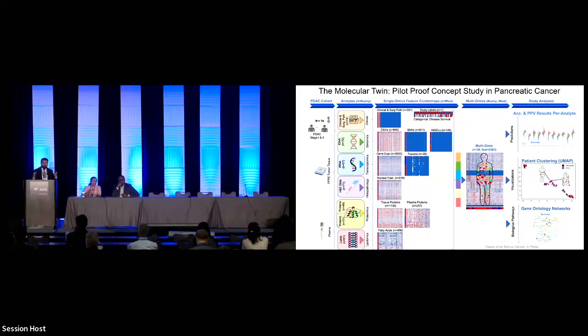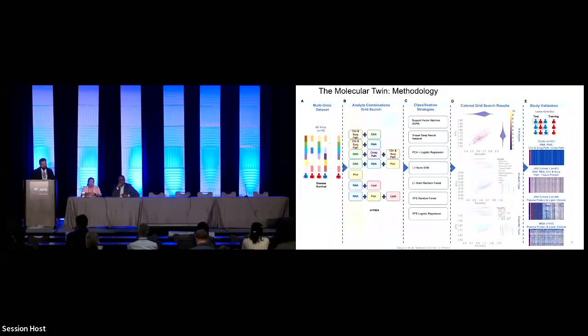Then we combined this into a very unique multi-omic model with 3 very specific goals. Can we use it to predict disease survival? Can we find clustering of patients that may molecularly match each other? And can it begin to give us insight about specific pathways that may be relevant for prognostication or for targeting?